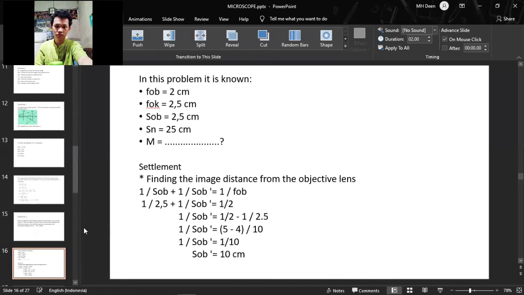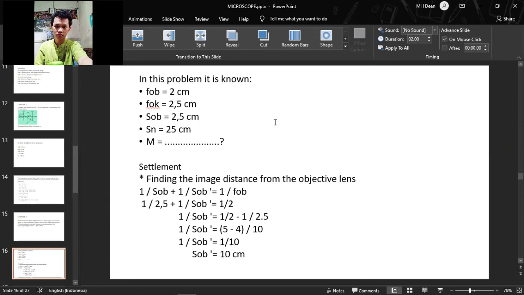In this problem, it is known F_OB is 2 cm, F_OK 2.5 cm, S_OB 2.5 cm, S_N 25 cm. Before we try to find the magnification, we have to find the image distance from the objective lens.